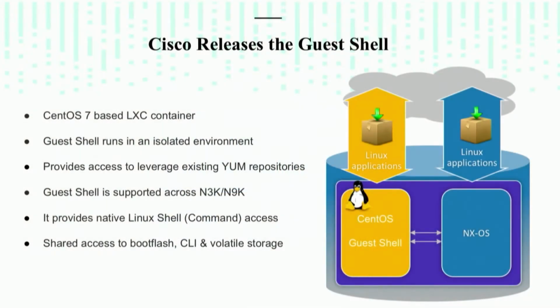Thank you. Some of you may be familiar with what we call the GuestShell. The GuestShell works on Nexus 3000s and Nexus 9000s. It's a CentOS VM, on 7x and beyond code, and I will go into the specific releases shortly.